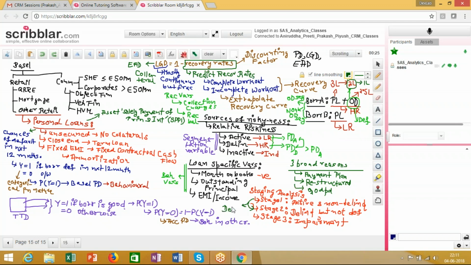Now if there is a credit deterioration, what we need to assess is why there is that deterioration.